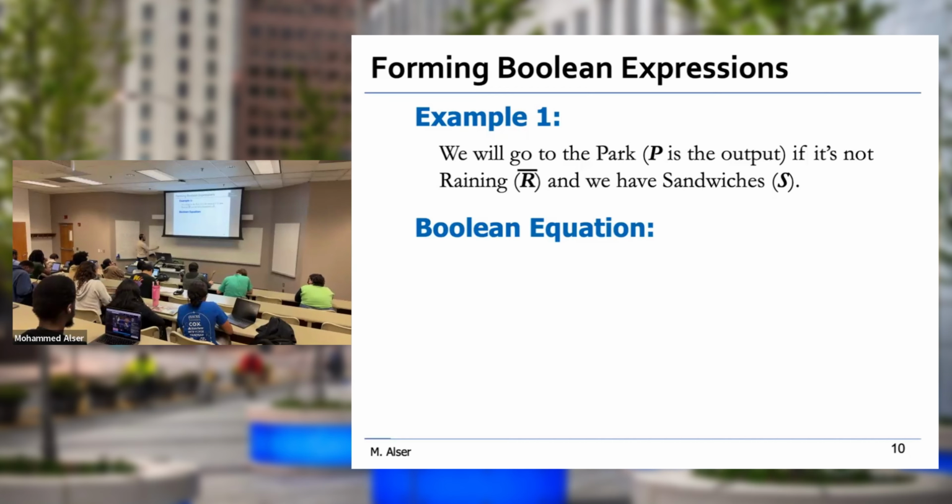So when R equals 0 and S equals 0, or no, S should be 1, right? Because we have sandwiches. Yes. Then we will have, I'm not sure if you can see, then P will be 1.